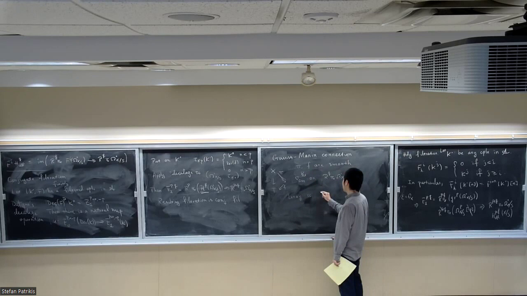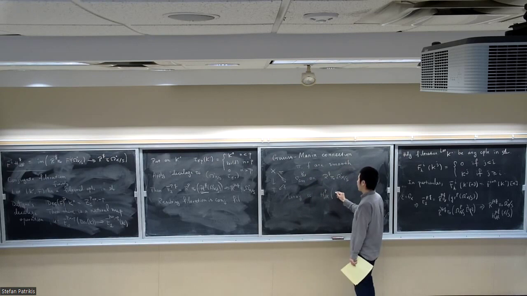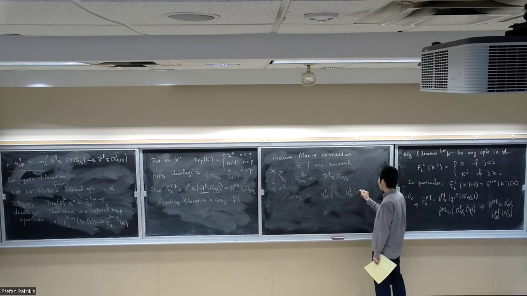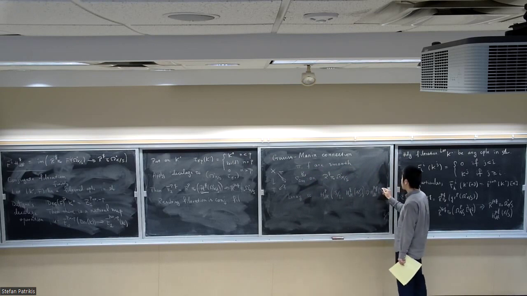And ideally, you should have something like H^p of the de Rham complex of S over T, and then H^q of the de Rham complex of X over S, converging to H^{p+q} of the de Rham complex of X over T.